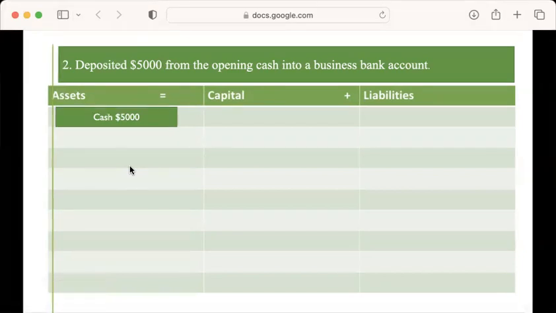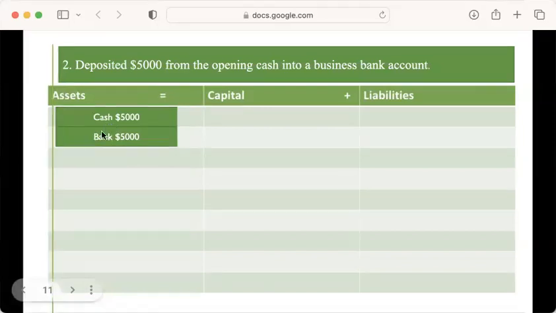Although the 5,000 is in the bank, that 5,000 also belongs to the business. It is at the bank, but it is our money. So that's also an asset. So cash 5,000, bank 5,000 now. Still the total assets are 10,000. And earlier we received 10,000 from the owner and have not yet returned a penny of it.